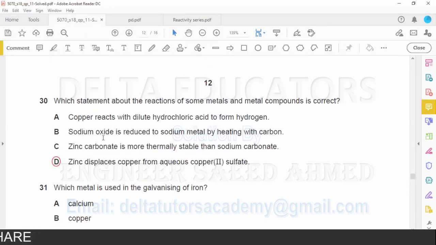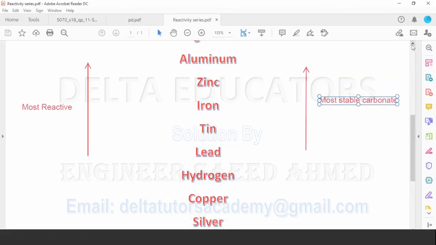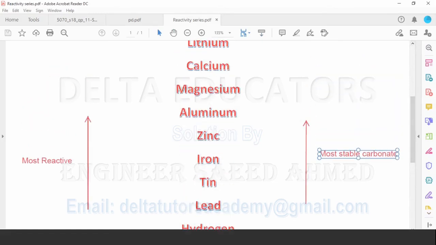Option B, sodium oxide is reduced to sodium metal by heating with carbon. For the extraction of aluminum, we use the method of electrolysis, and below aluminum, for the extraction of iron, we heat with carbon.